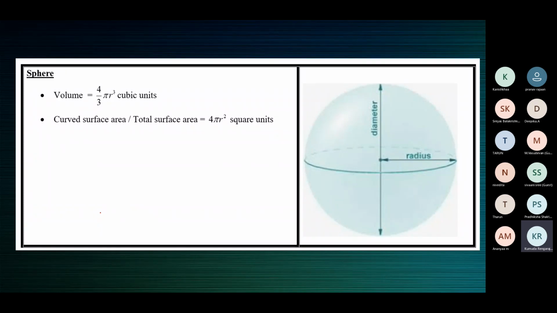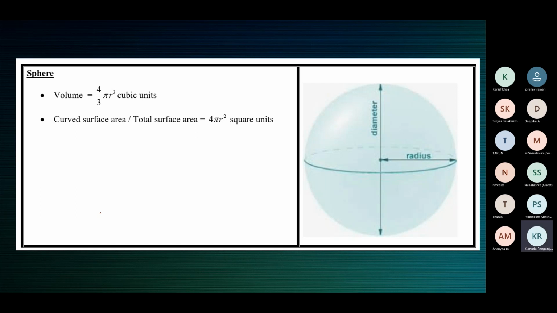And the volume is given by the formula 4 by 3 pi r cubed, cubic units. Volume is in cubic units, area in square units. TSA is 4 pi r square, or CSA is 4 pi r square. It's the same.